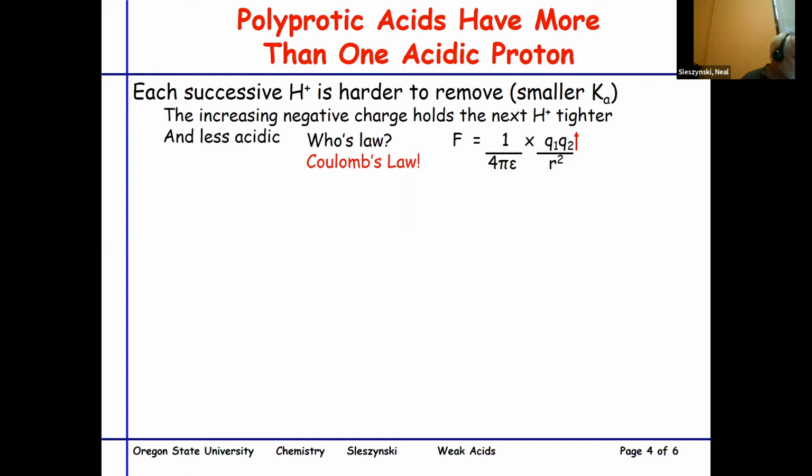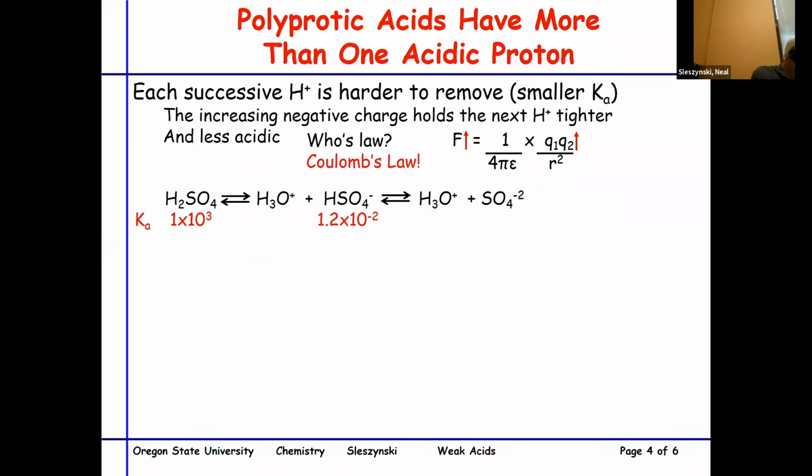One of these Q's goes up. That means the attraction for the next hydrogen ion that wants to leave is going to be higher. The force holding that hydrogen ion will be higher, and it will result in a less acidic, more tightly held, smaller Ka proton.